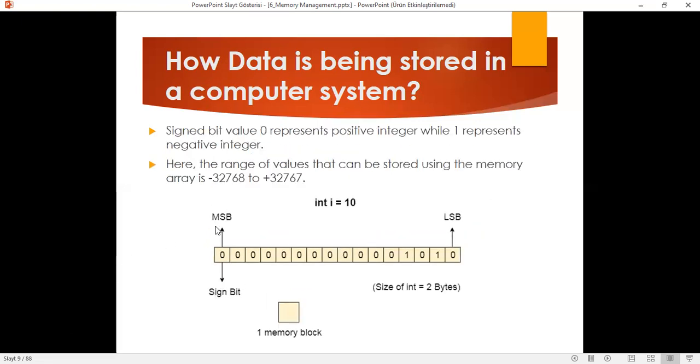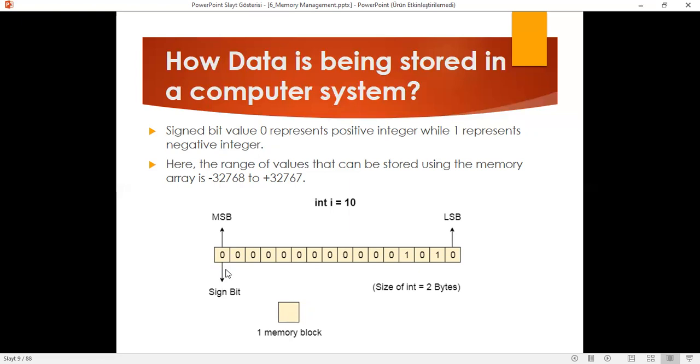So if we use a signed integer, the default range is from minus 32,000 something to plus 32,000 something.